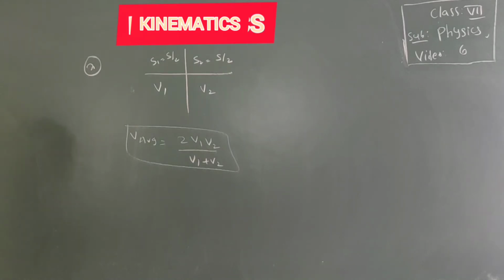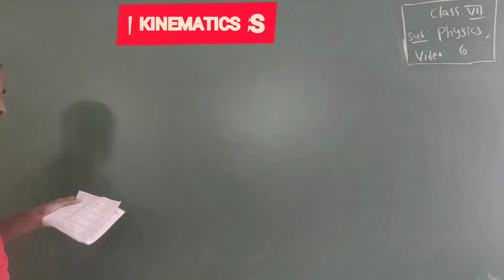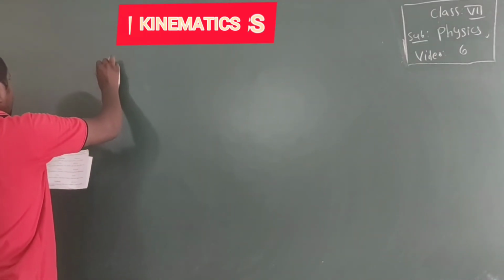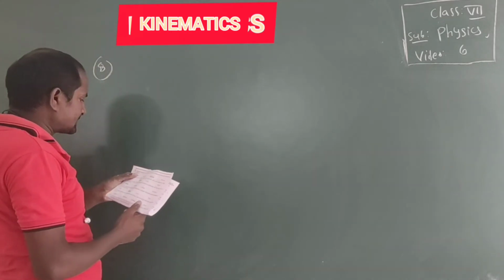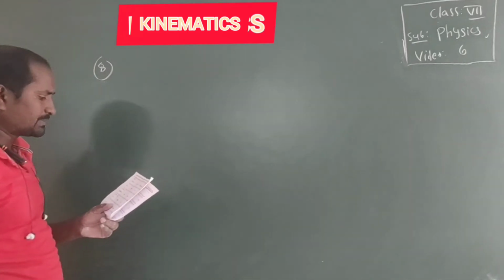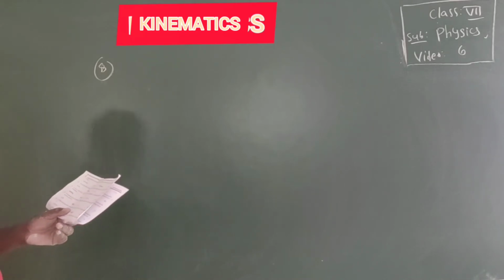Next question number 8. Rajdhani Express moves with a speed of 120 km per hour. How long will it take to cover a distance of 15 kilometers?